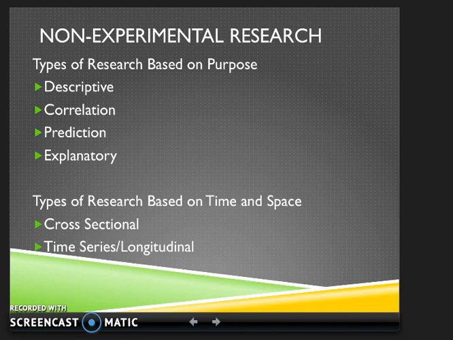For non-experimental research, the types of research depend on the purpose of the research. It might be as simple as describing the characteristics of a group of participants, or examining the differences or similarities between variables. However, descriptive is usually very basic in a research design.